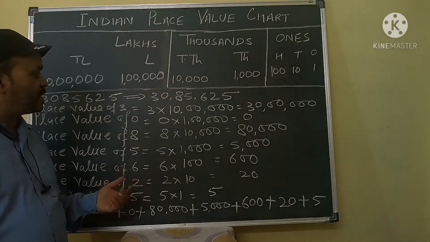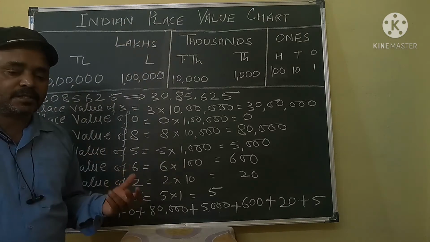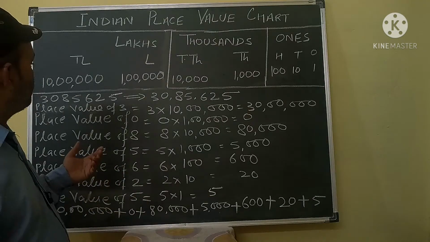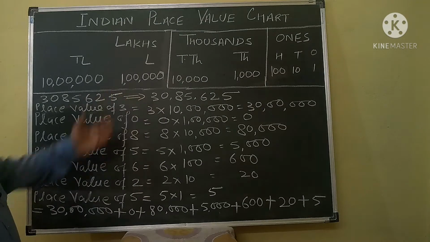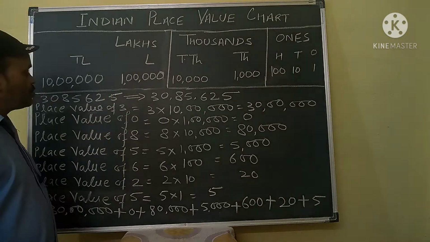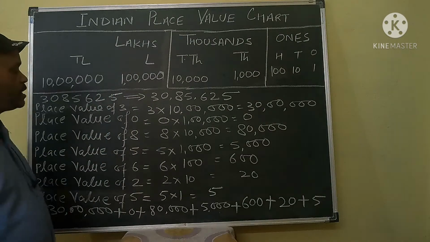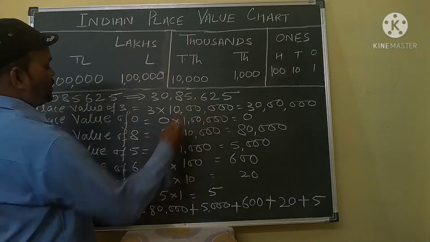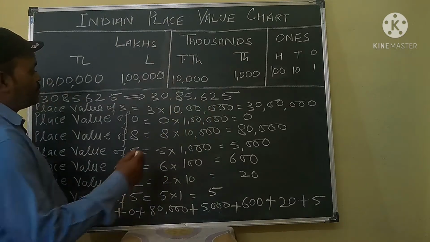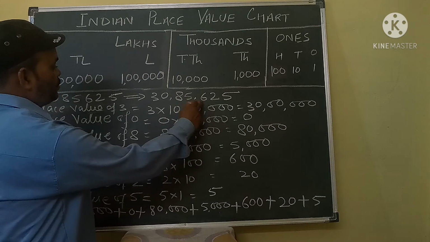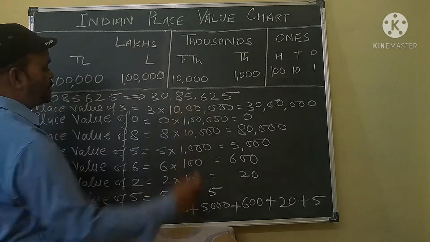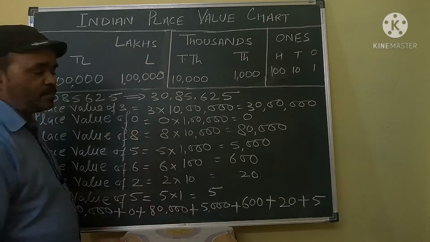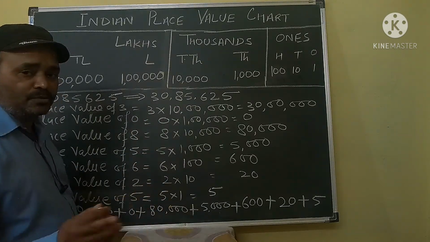So my dear students, first what will you do? First we will put the commas according to the Indian place value system. As you know very well, the first comma will be after 3 digits, and the next comma we will put after 2 digits.